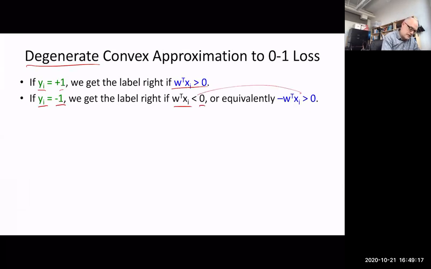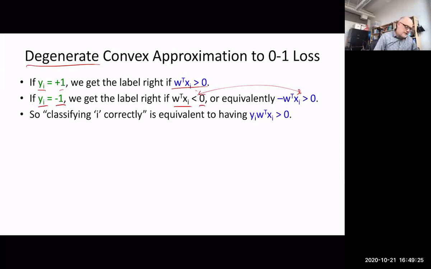These are equivalent, and this is the linear classification trick that everybody uses. So classifying i correctly is equivalent to having yi, the numerical value +1 or -1, times W transpose xi being positive.